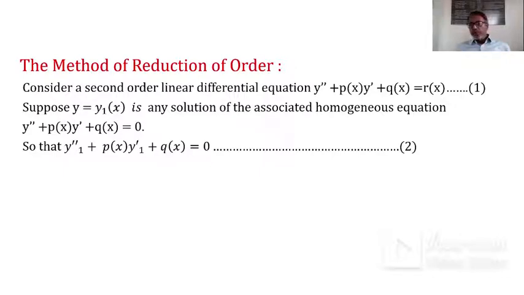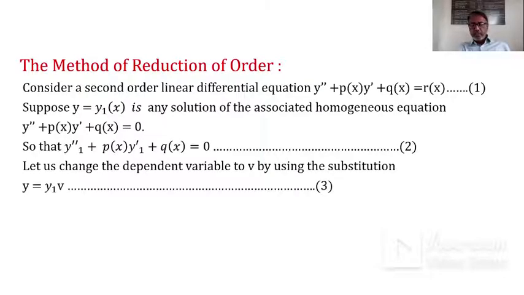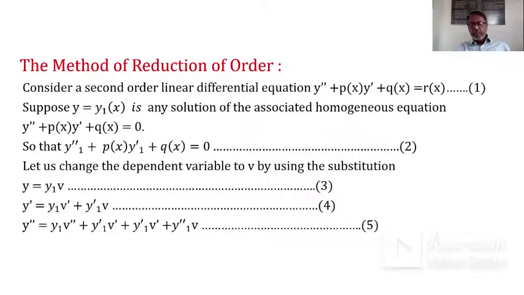Now we change the dependent variable y to the dependent variable v by the substitution y is equal to y1 v. From that, find y dash, y double dash, and we substitute all these values in the equation 1.